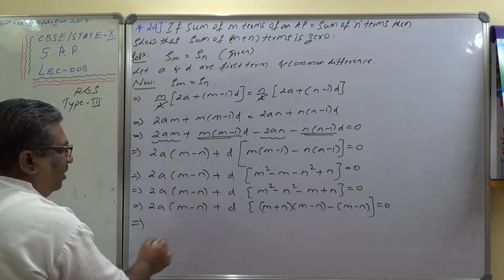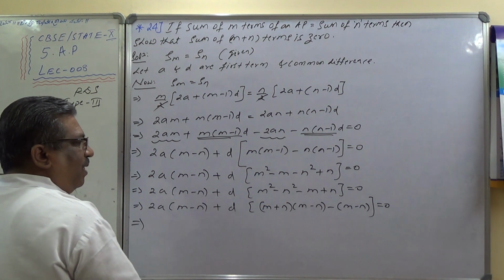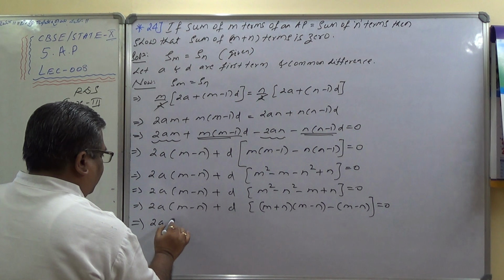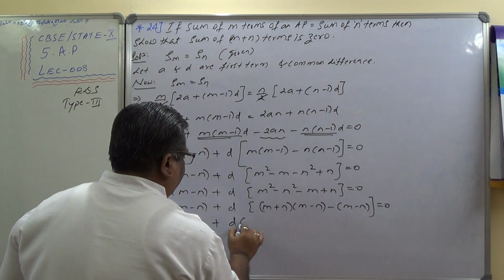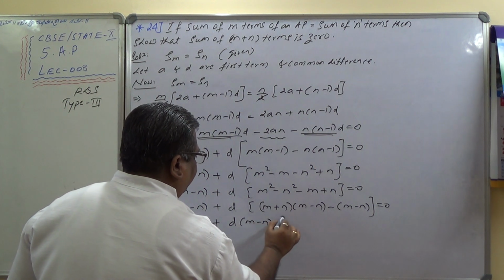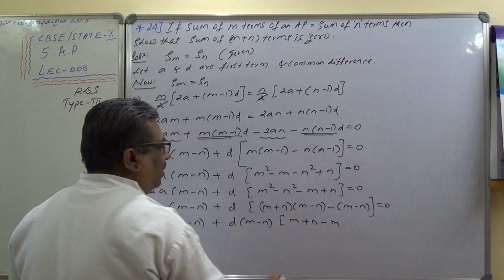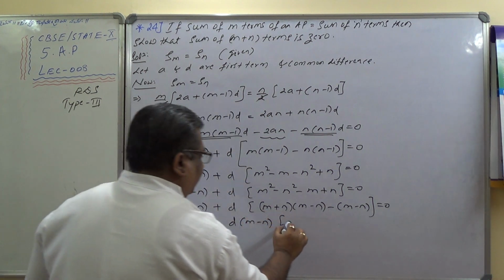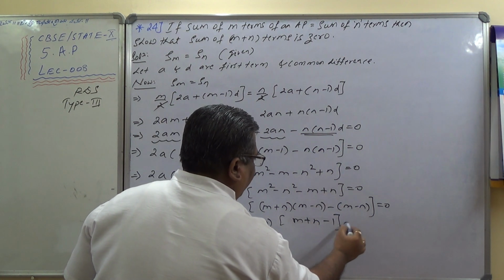So now m minus n is common out of these two terms. 2a into m minus n plus d times m minus n into bracket m plus n minus 1. Here m minus n has come out, m plus n, this has come out, minus 1, equals 0.